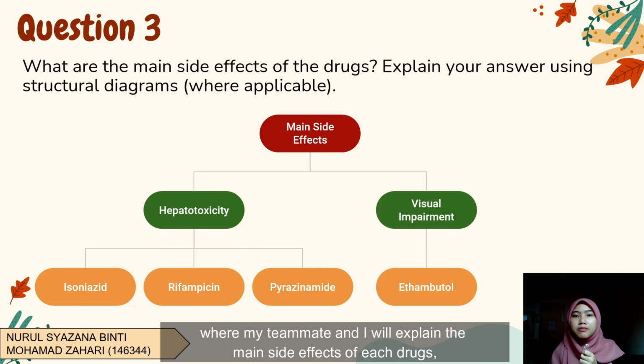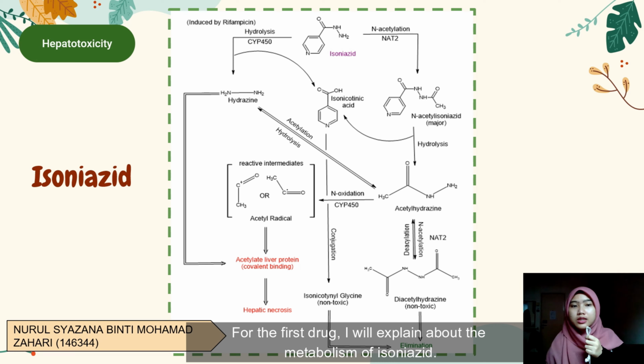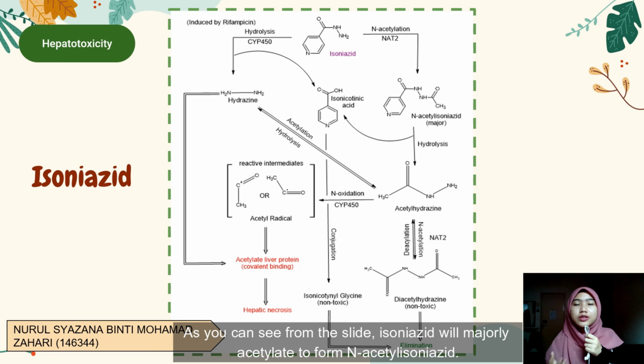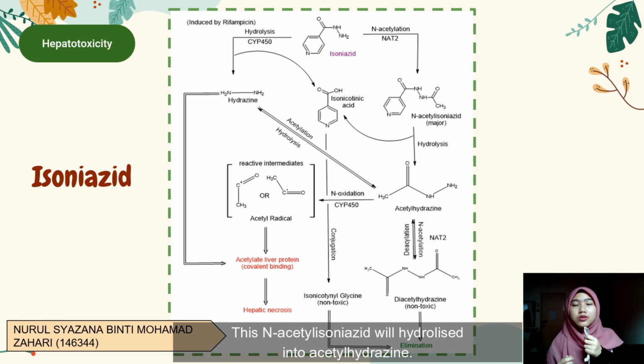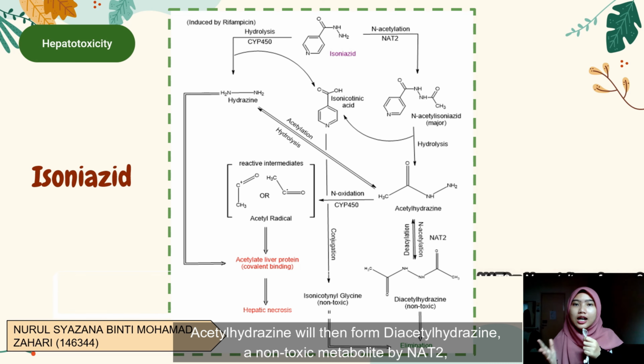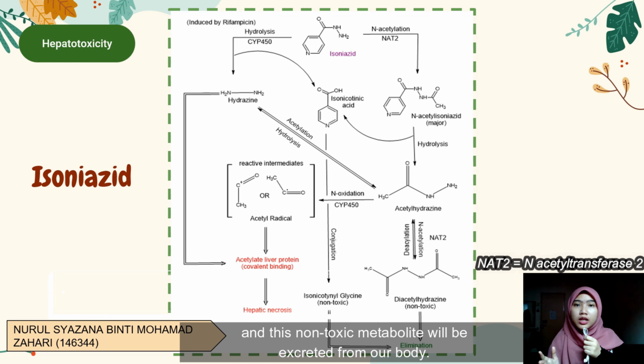For the first drug, I will explain the metabolism of isoniazid. As you can see from this slide, isoniazid will mainly be acetylated to form N-acetyl isoniazid. This N-acetyl isoniazid will be hydrolyzed into acetylhydrazine. Acetylhydrazine will then form diacetylhydrazine, a non-toxic metabolite, by NAT2, and this non-toxic metabolite will be excreted from our body.